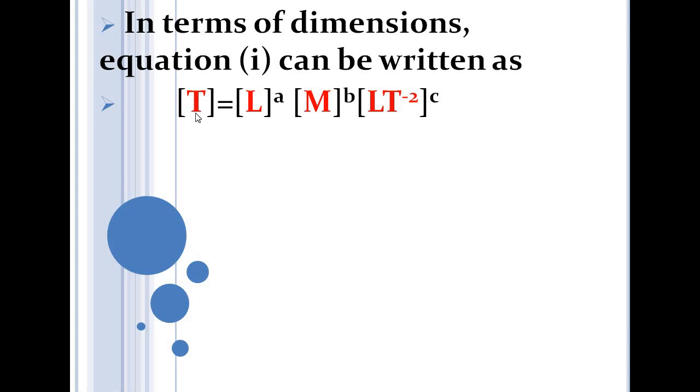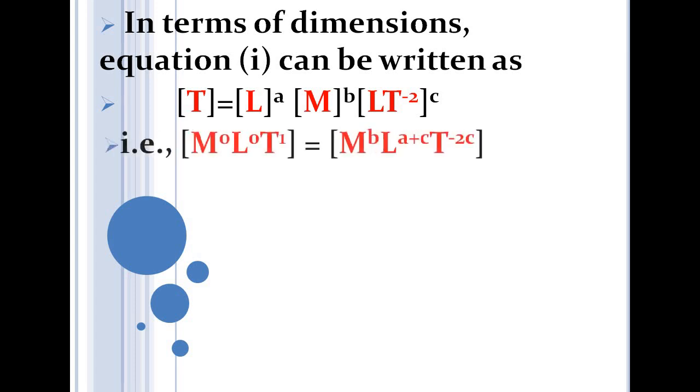So we can write T equals L power A, M power B, LT minus 2 whole power C. In general we may write in terms of MLT as M power 0, L power 0, T power 1 equals, look at the right hand side: M has the power B only, L has the power A from this term and from the LT minus 2 term L has the power C, so L power A plus C, and T power minus 2C.